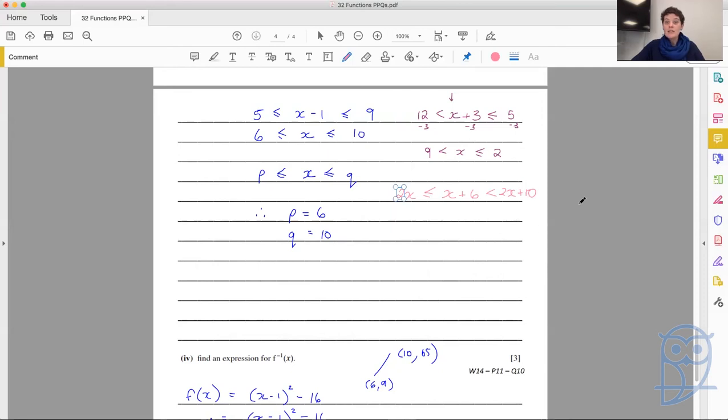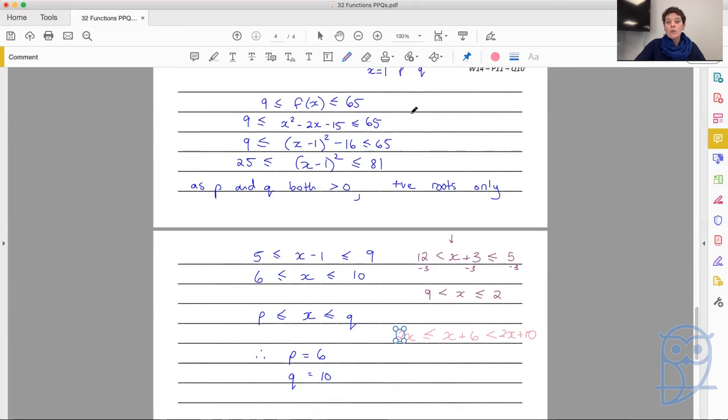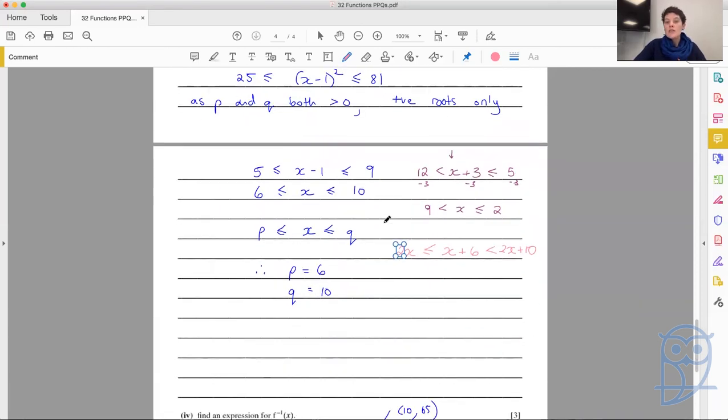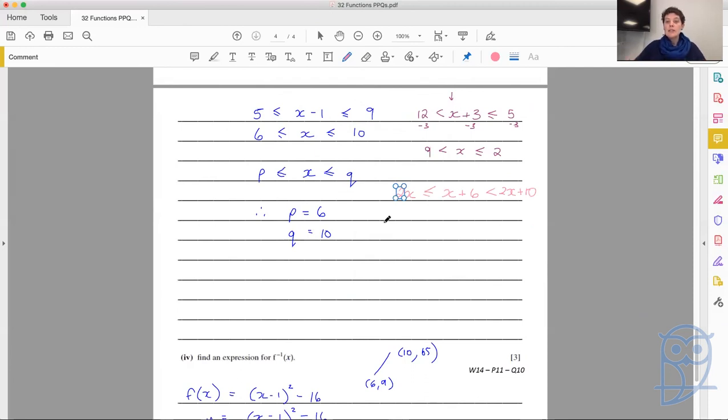Now we've got x's in different places, and we've hit that same problem as when we tried to put a quadratic in. Can't deal with all those x's. So in this case, you would split this into 2 inequalities. You would solve 2x less than or equal to x plus 6, and you would solve x plus 6 less than 2x plus 10.